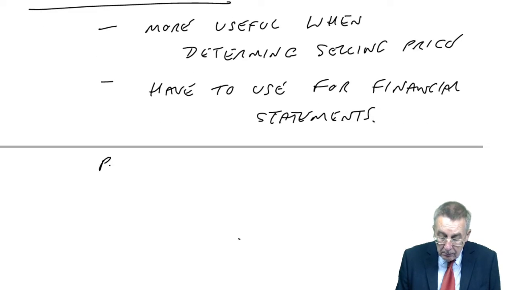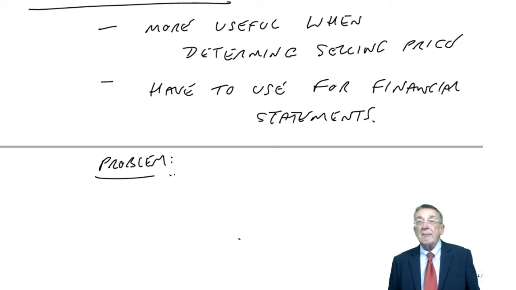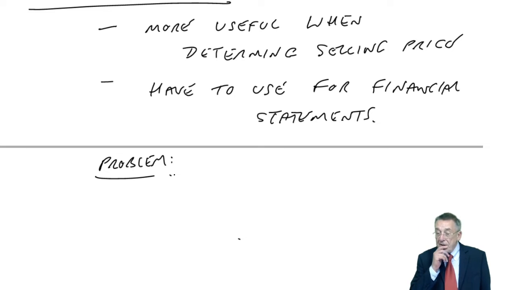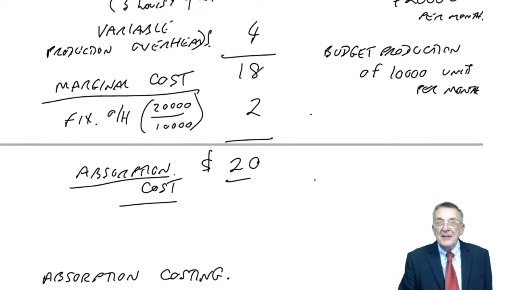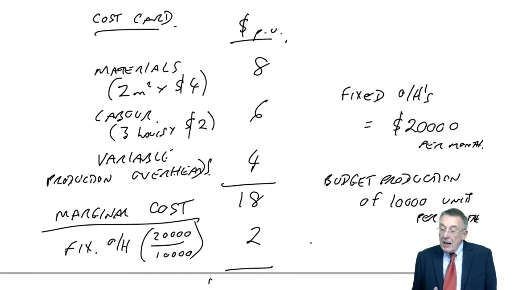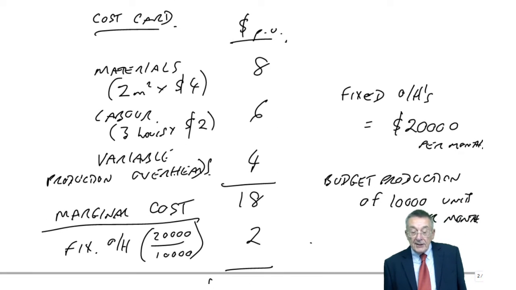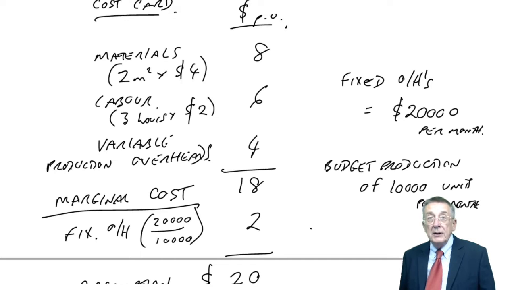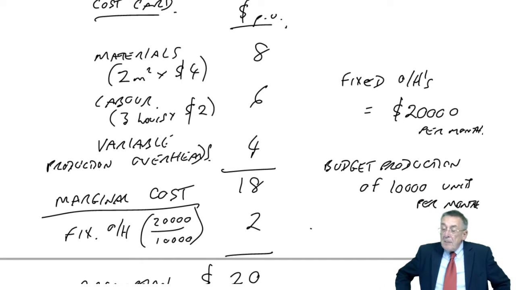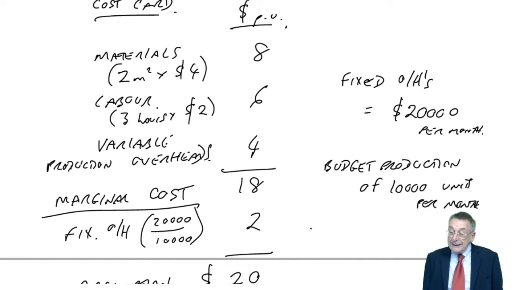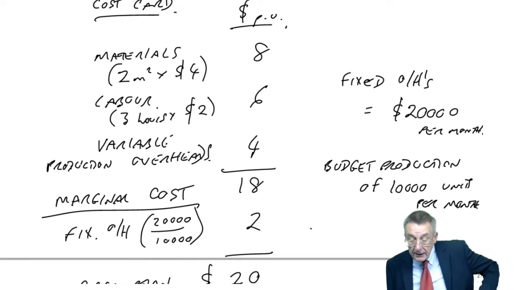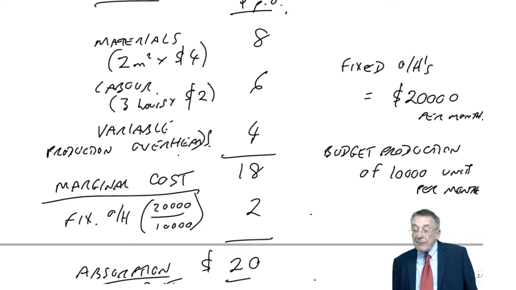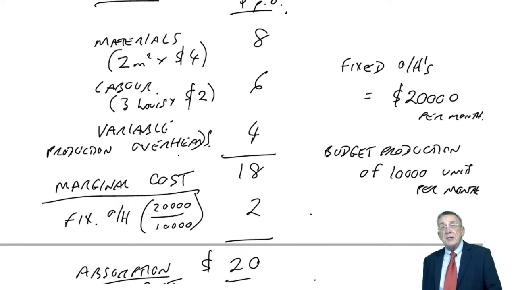I will write here though one problem before we talk about marginal. And again, it's a bit difficult. This problem is a sort of a strength of marginal. But those fixed overheads, it should be obvious where I got the $2 a unit from. But there is a problem in that it's only $2 a unit and therefore $20,000 in total, provided I do produce 10,000 units.